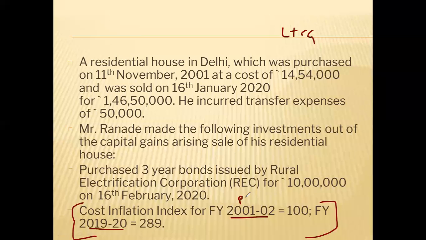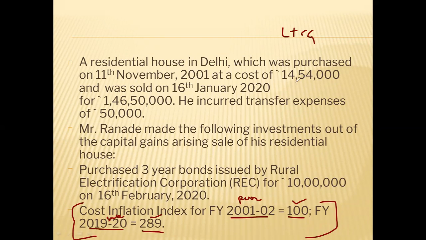Year of purchase 2001-02 is 100, year of sale is 289, meaning an item you could purchase for 100 rupees in 2001-02 will cost 289 now.